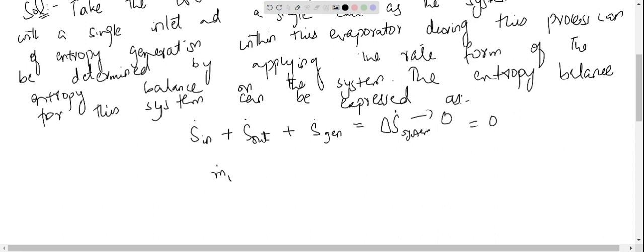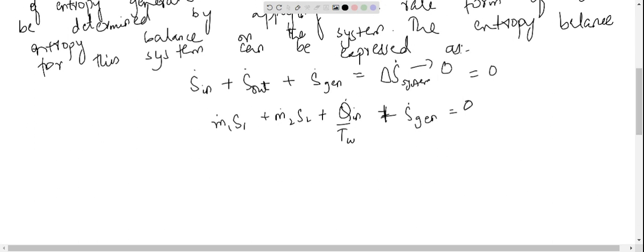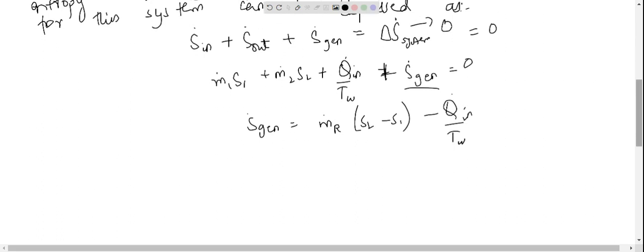So this equals m1 s1 minus m2 s2 plus Q dot in divided by Tw plus the rate of entropy generation, which equals 0. As we have to find the entropy generation, it equals m dot R times (s2 minus s1) minus Q dot in divided by Tw.